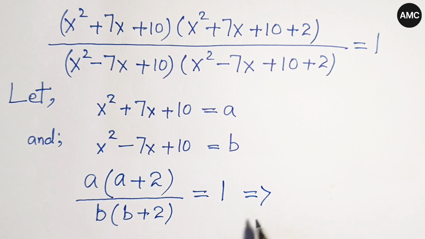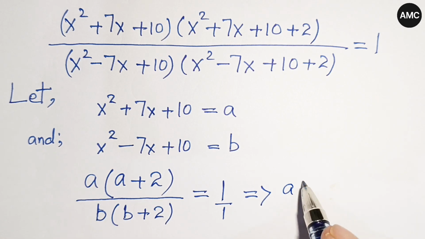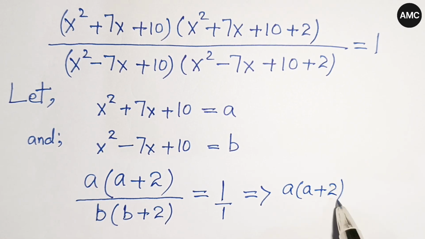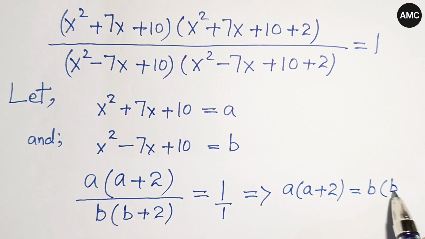So our next step: the denominator is not 1 but we can cross multiply, and by cross multiplication we get a times a plus 2 is equal to b times b plus 2.